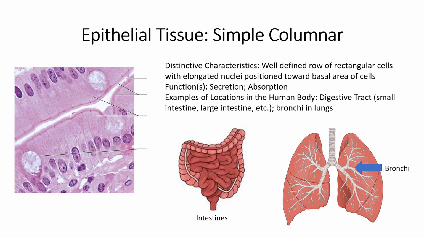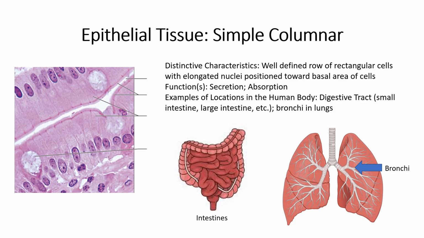So starting with simple columnar epithelial tissue. We'll look at some distinctive characteristics, some things to look for to help you know that you are looking at this particular type of tissue. And then we'll also look at the function of that tissue, just a general function of when you see this type of tissue in organs throughout the body, what is the purpose in that tissue being there, right?